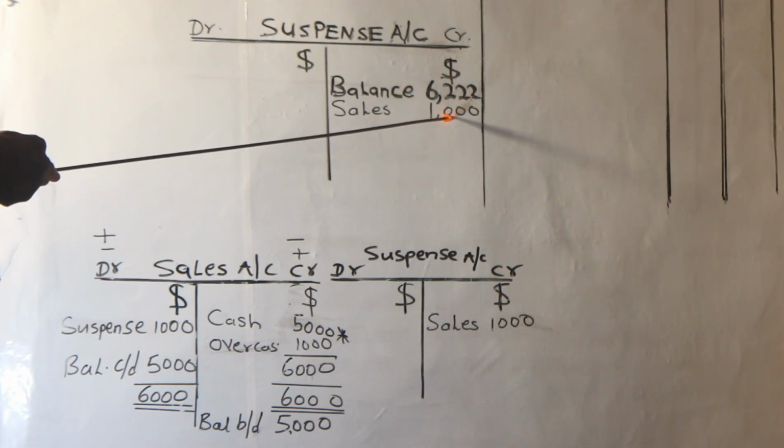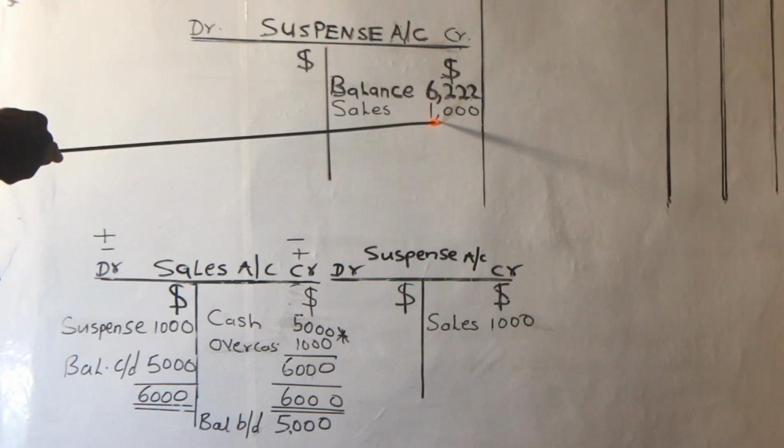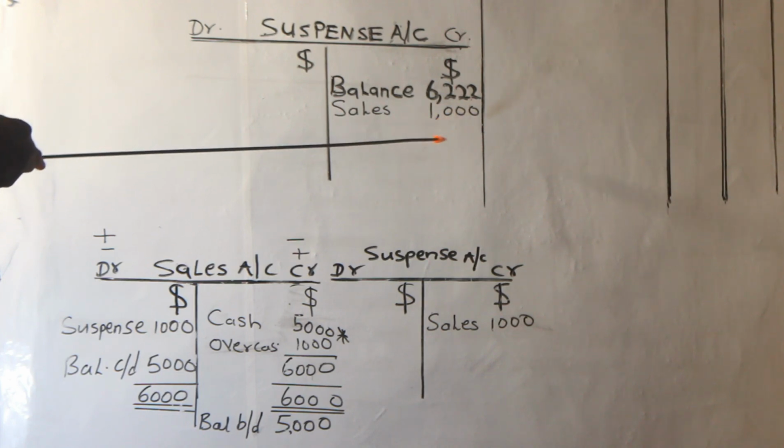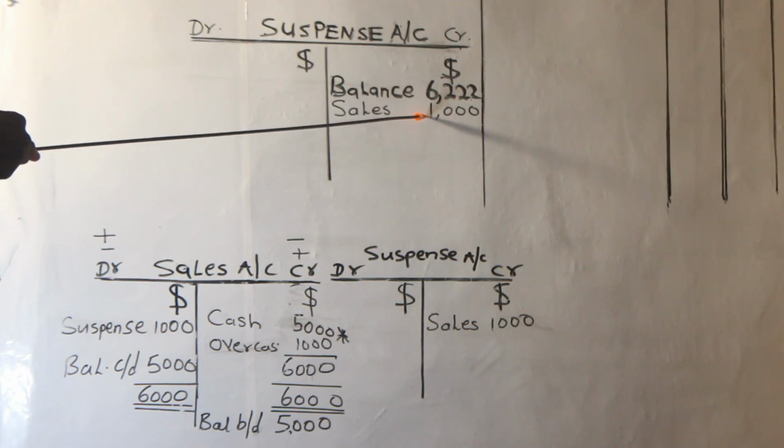And increasing the Suspense account by 1,000 means that the trial balance has also been increased by 1,000. No wonder we place the 1,000 here in the Suspense account to show that there has been an increase of 1,000. And also we went to the journal where we journalize to also show this 1,000 to be on the credit side of the Suspense account.